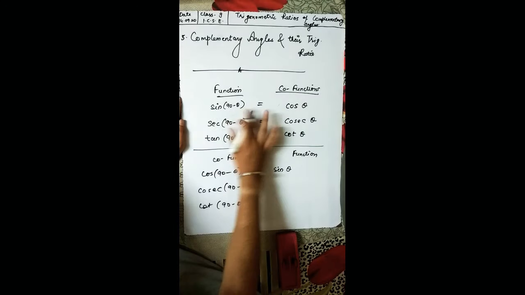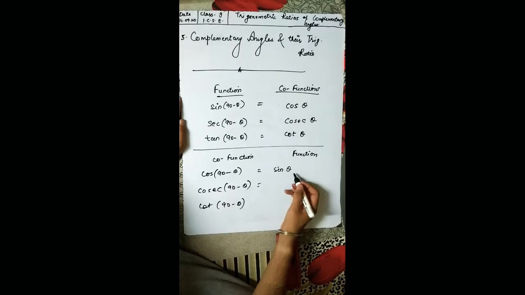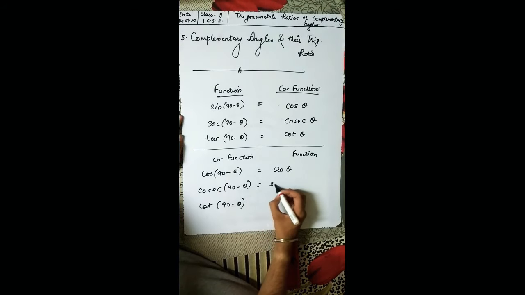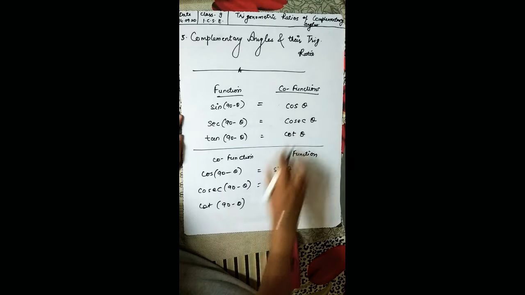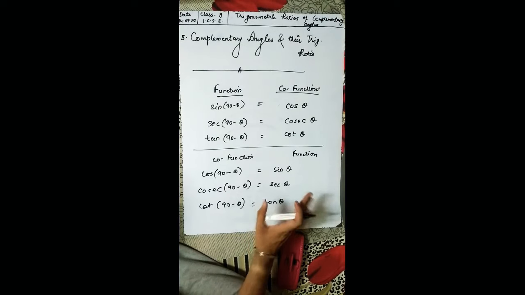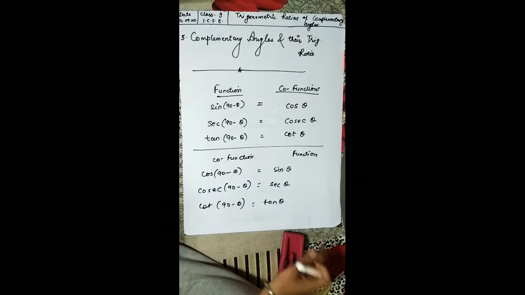So if sin 90 minus theta is cos theta, then cos 90 minus theta will also be sin theta. Sec 90 minus theta is cosec theta, so cosec 90 minus theta will be sec theta. Tan 90 minus theta is cot theta, so cot 90 minus theta will be tan theta. These are the simple things you have to understand: a function changes into its cofunction, and a cofunction again changes into its function. So you have to remember this table.